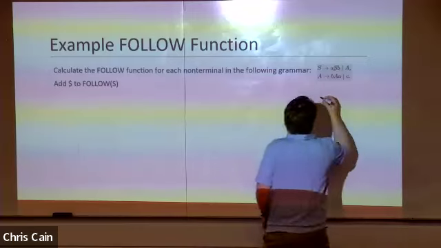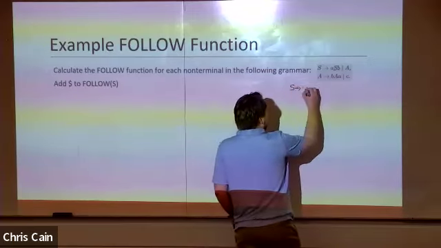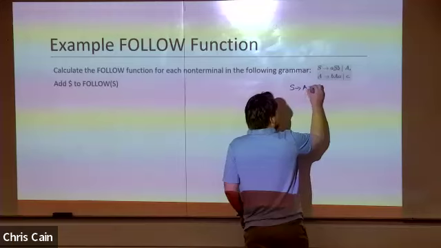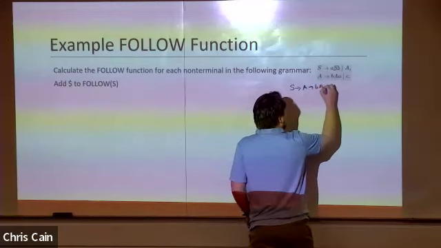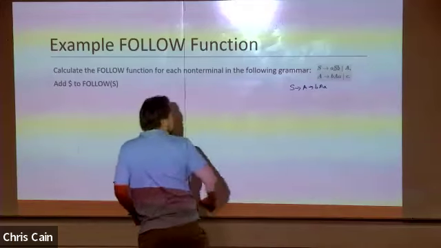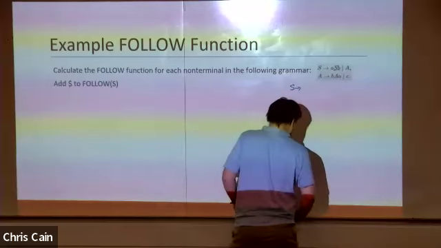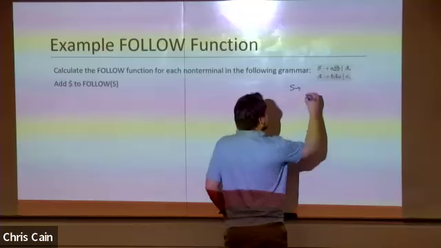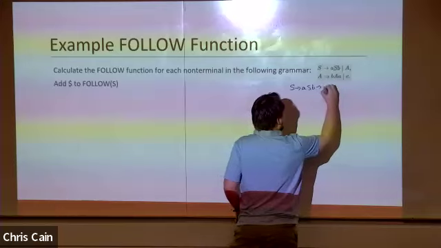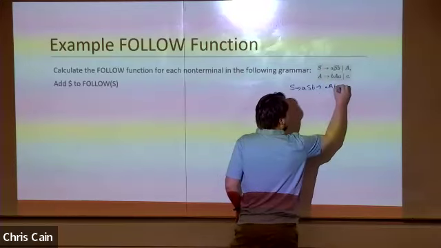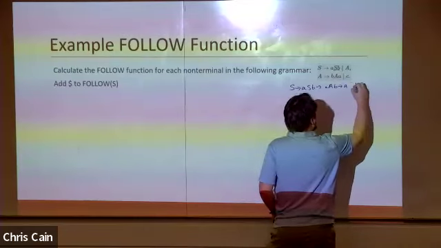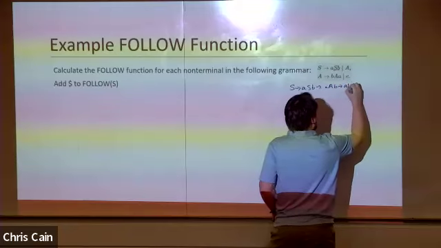As an example, we could expand this to be S arrow A, which becomes B A. Actually, no, it's not going to work. We need to derive the first one first. We end up with ASB, which now becomes AAB, which now becomes BAA.